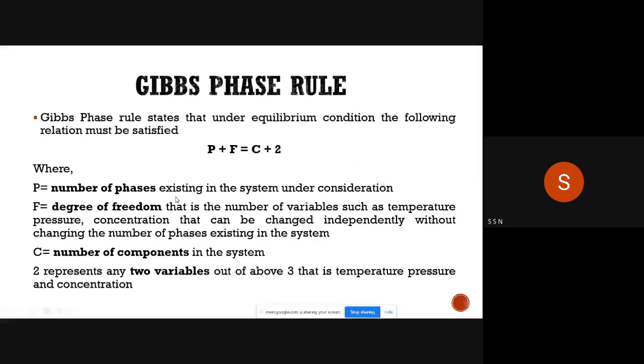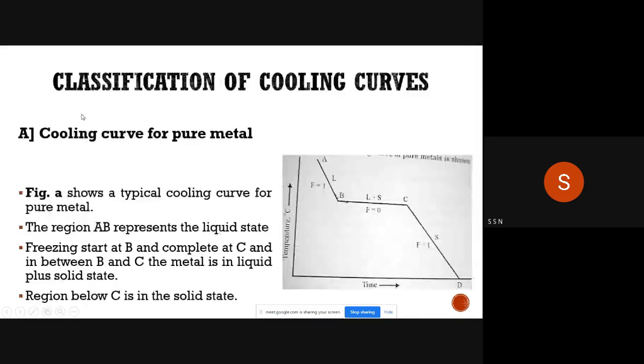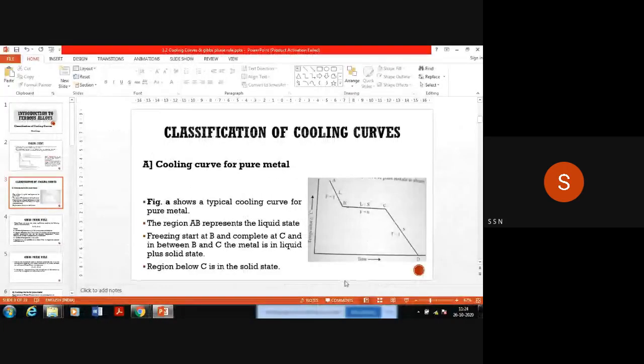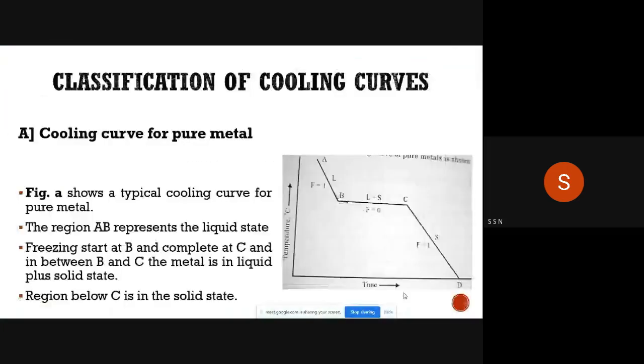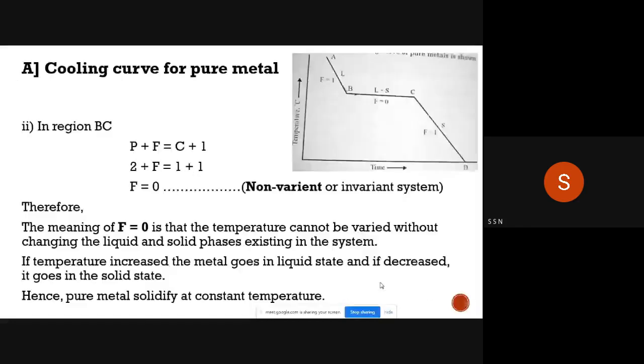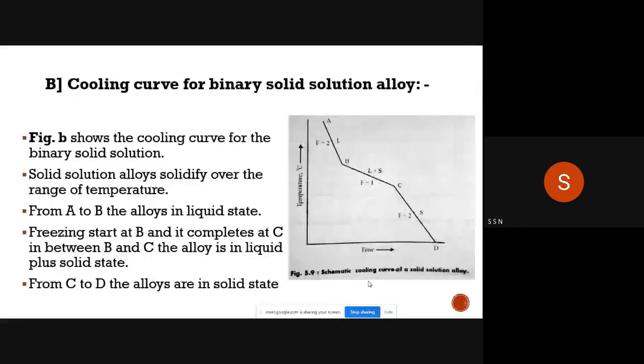Now, F is the degree of freedom. C is the number of components in the system. Now here, the first type of cooling curve we are looking at is for pure metal. The second type is the cooling curve for the binary solid solution.